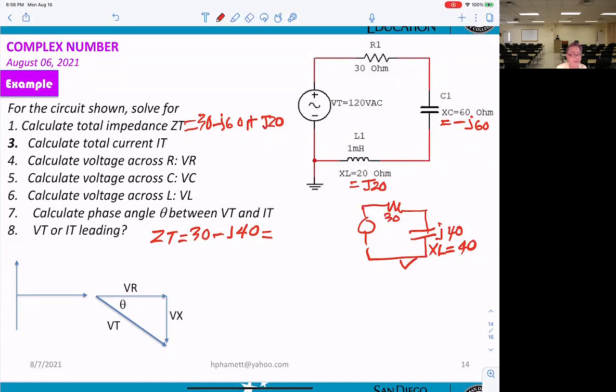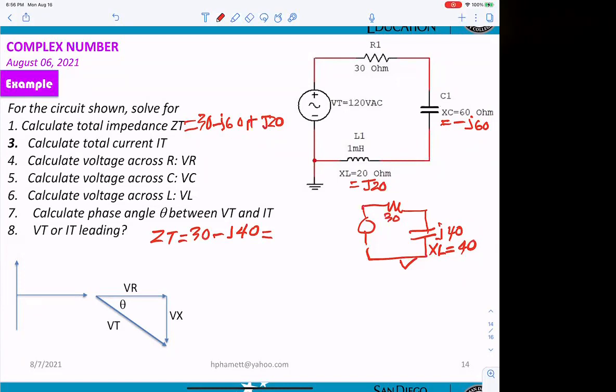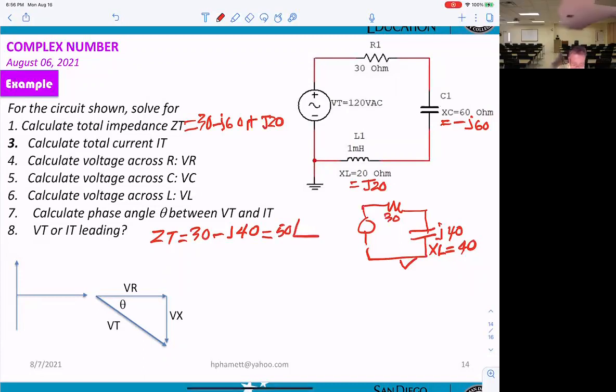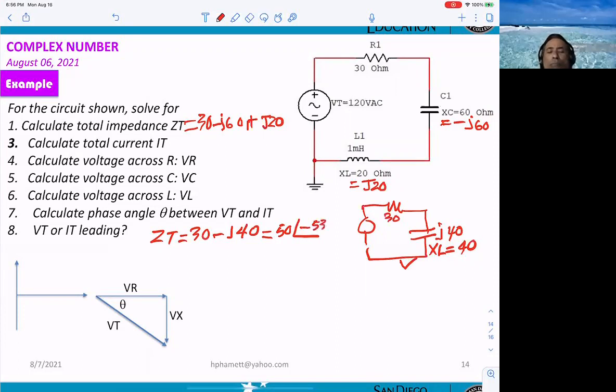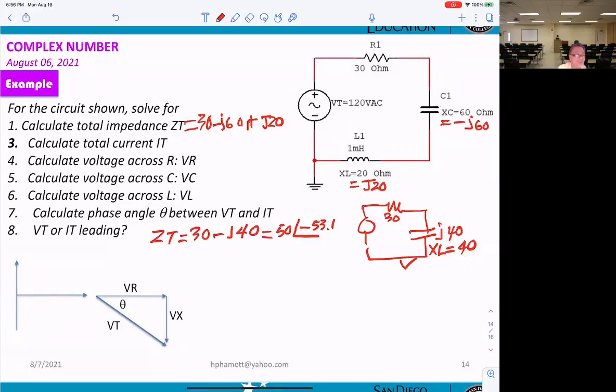Is it 50? Yes, 50. Angle: minus 53.1. Is that negative? Negative. You get that? Yes.